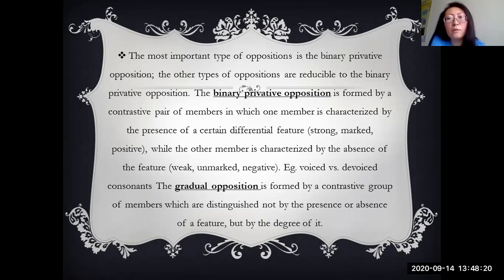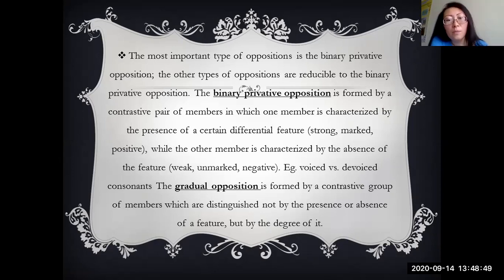The binary privative opposition is formed by a contrastive pair of members in which one member is characterized by the presence of a certain differential feature (strong, marked, positive), while the other member is characterized by the absence of the feature (weak, unmarked, negative). Example: voiced versus devoiced consonants.